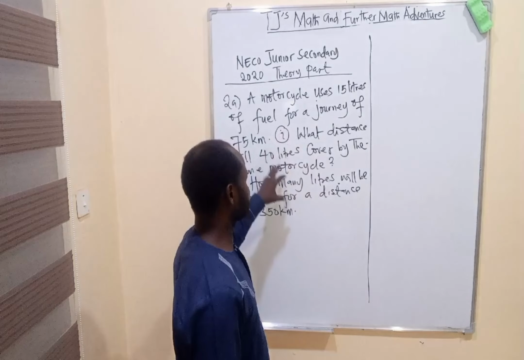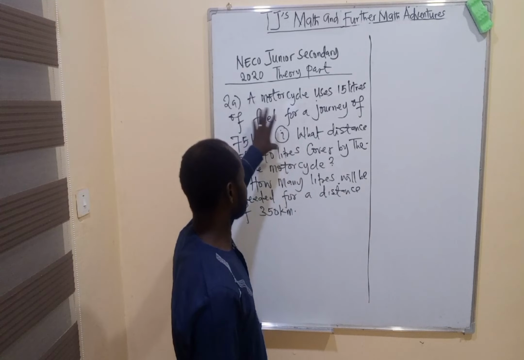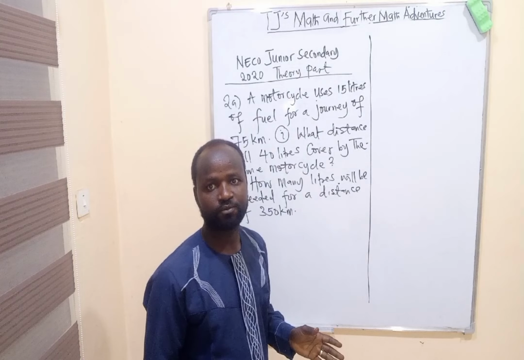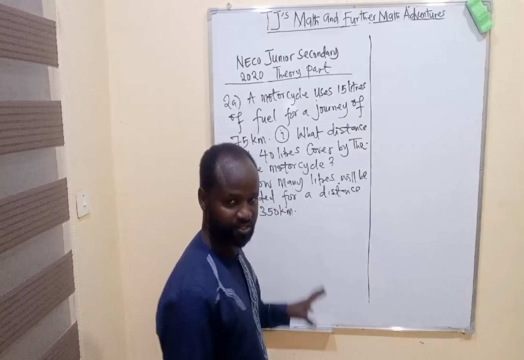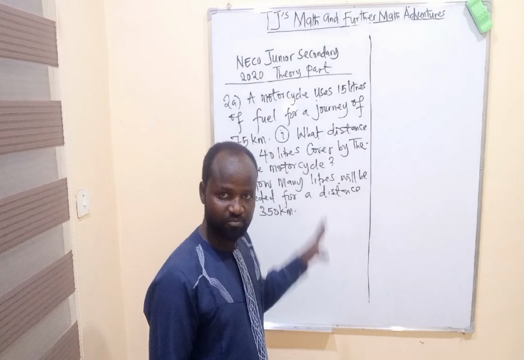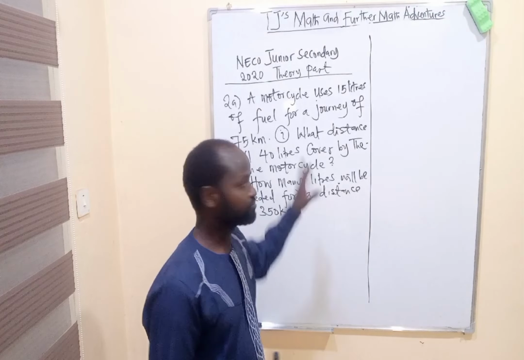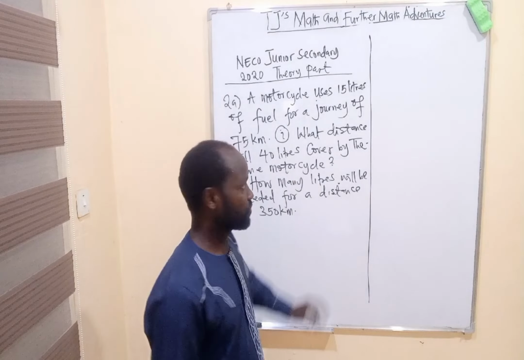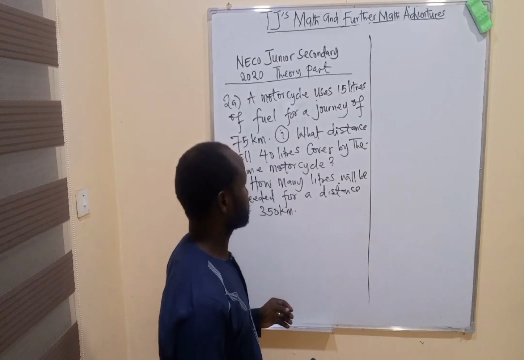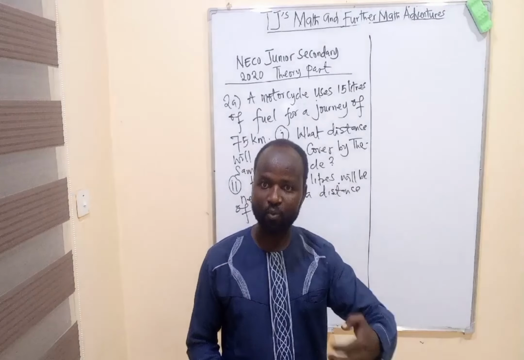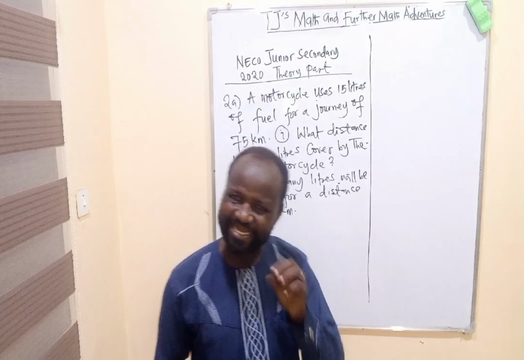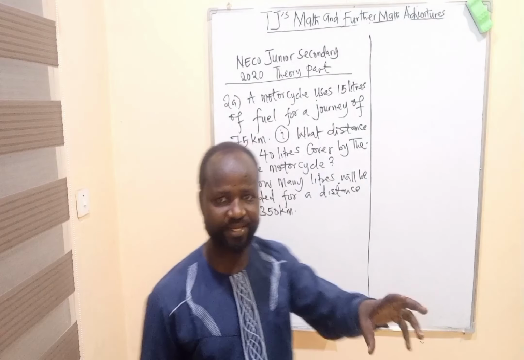So the first thing for you to do is to identify which topic this question is from. Of course, this is proportion. And which type of proportion is this? Is it direct proportion, inverse proportion or compound proportion? Of course, this is direct proportion. Why? Because in direct proportion, an increase in one quantity leads to an increase in another quantity of the same kind.